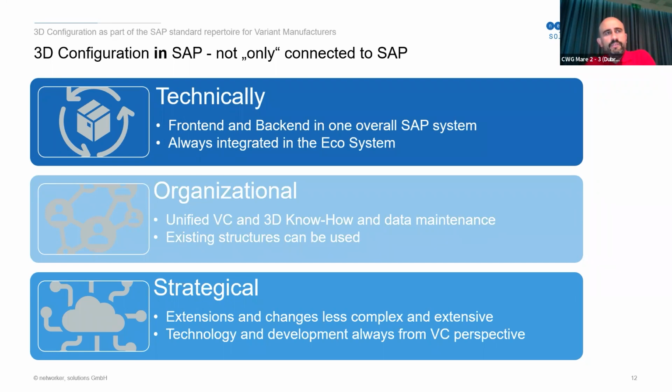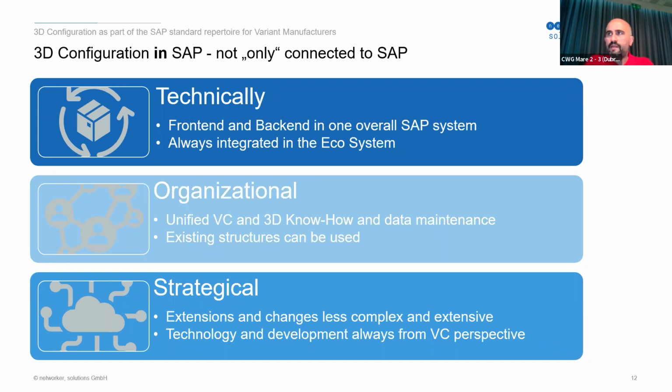So people are working together on the stuff, and it's not like I have a 3D project outside and later just have the integration, but it's working directly together in the organization. So you can use your structures which are already available.